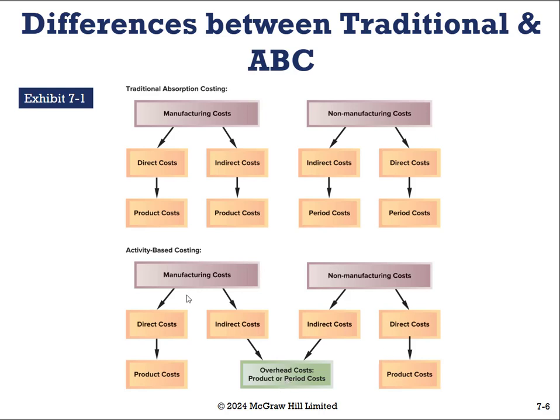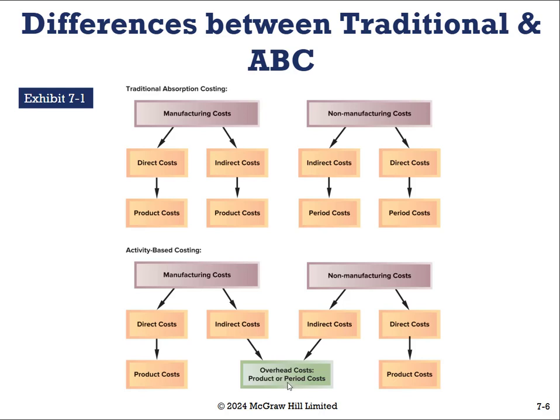But whether it's manufacturing or non-manufacturing, if we can tie it to the product either directly or indirectly, we are going to put it to the product. So most costs, or all costs, if we can tie it to the activity, will go to the product.